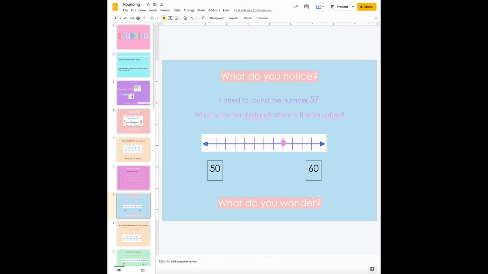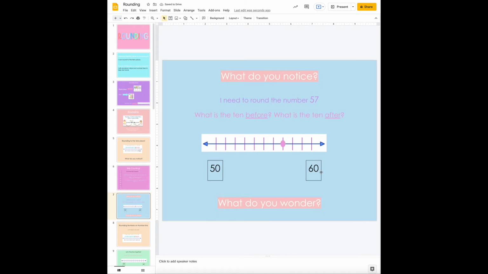I know it's 60. That's our other 10. Now I place 57 on the number line. I look at 50, and I go 51, 52, 53, 54, 55, 56, 57. So I know 57 goes there.